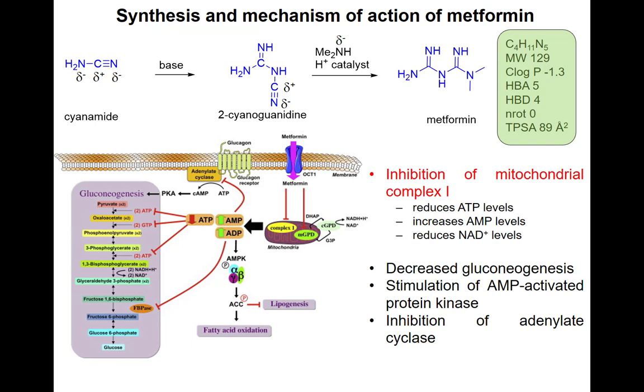Within this dimer, you have this CN group, which is electron withdrawing. That reacts with another nucleophile, which is dimethylamine, which has its lone pair. That comes in and attacks the nitrile, and that gives you metformin. So you can see that the synthesis itself is very simple from very simple starting materials, and that means that metformin can be made on a very large scale at a relatively low cost.